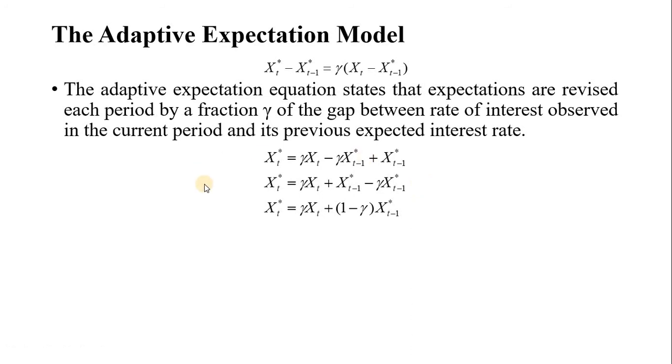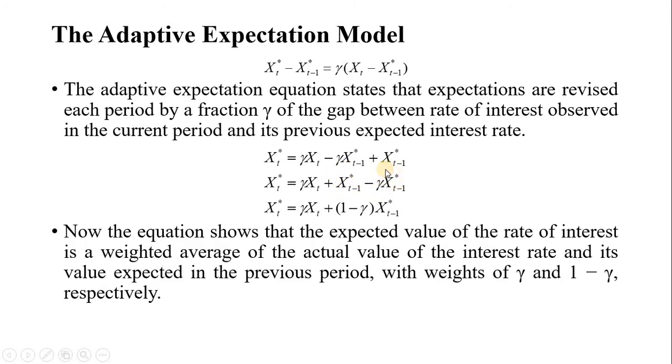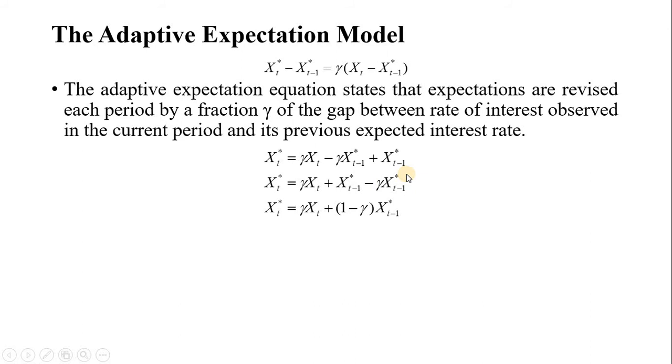And x star t is equal to gamma xt plus, what is the coefficient of this x star t minus 1? Look at this, this is x star t minus 1, this is also x star t minus 1. There are two x star t minus 1, you take it as common.